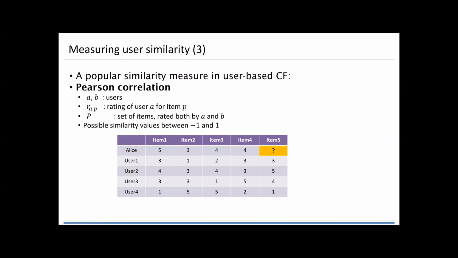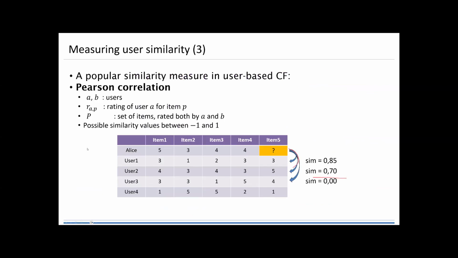I think I put the page in duplicate. So this one is the result. You can see that the similarity between Alice and user 1 is 0.85. But the similarity between Alice and user 2 is 0.7.